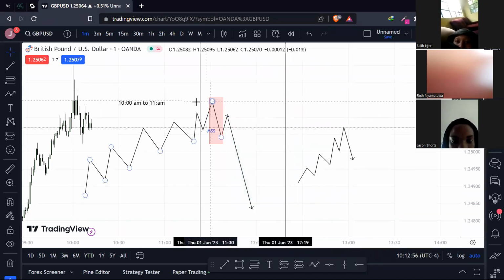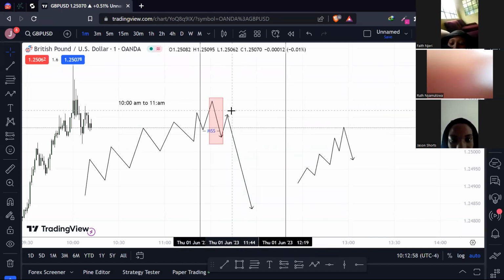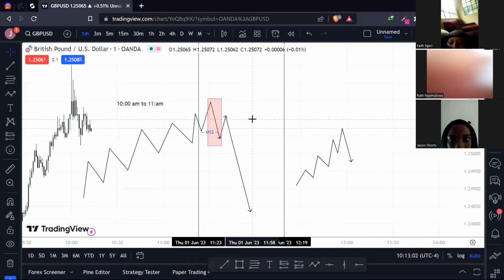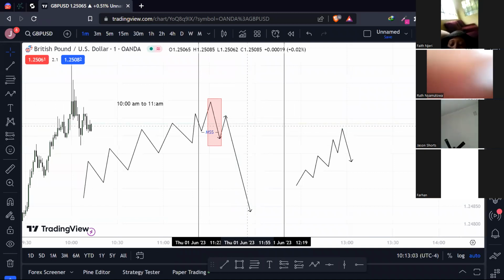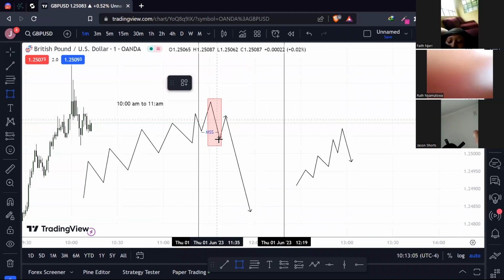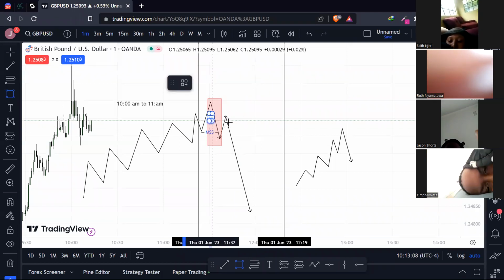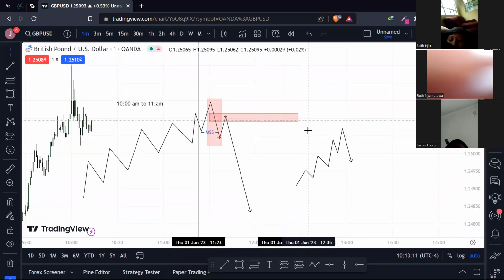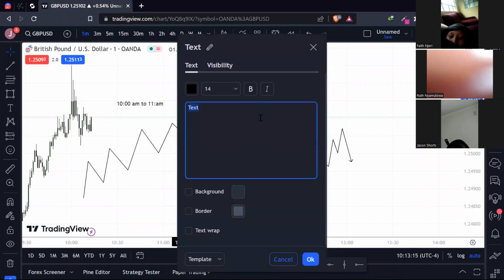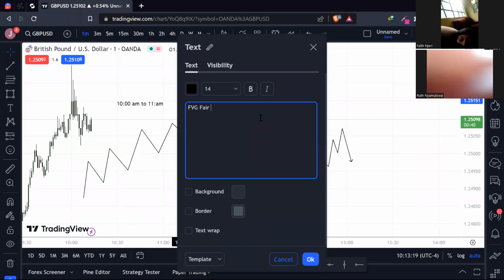So in this trading period, there are so many things that happen. The reason the price comes here is because there will be an FVG here. The FVG is called a fair value gap.